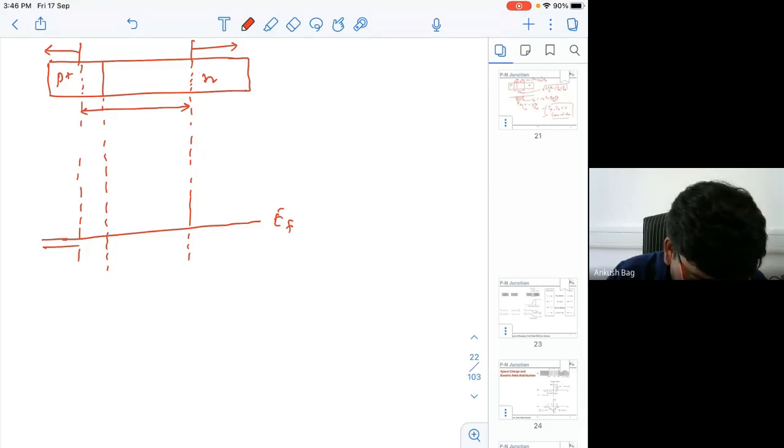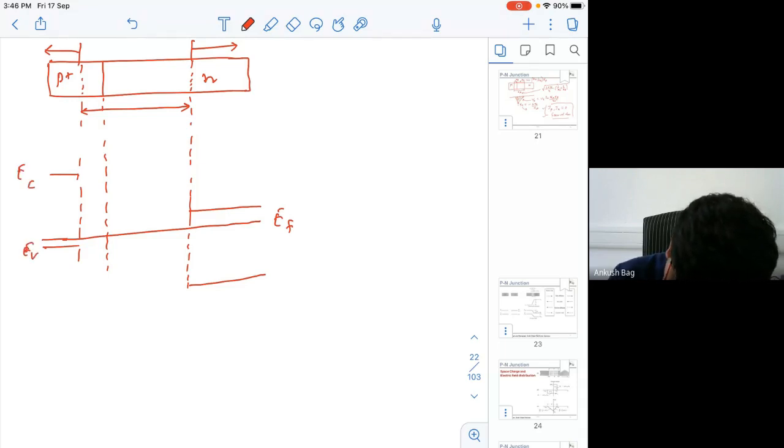So we can draw here, and let us consider this valence band here. And now similarly, I don't know whether I'll be able to draw exactly. So your conduction band will be here in the P side.